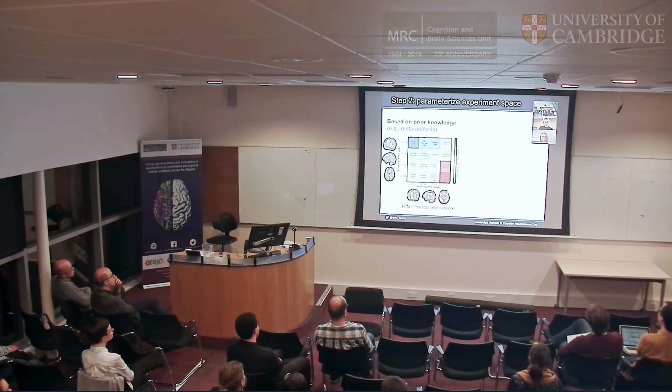One way is to use prior knowledge of how we know certain tasks, for example, activate certain brain networks. In one of our studies, we did this based on a meta-analysis performed by Thomas Yeo on fMRI data. The nice thing was that he published group masks of networks, of two frontal parietal networks.